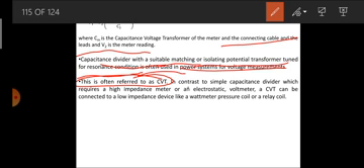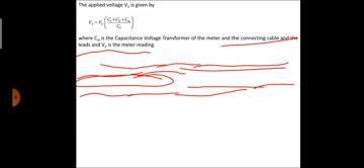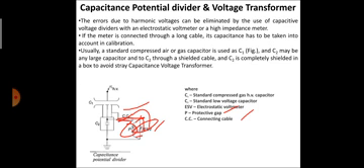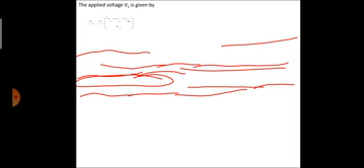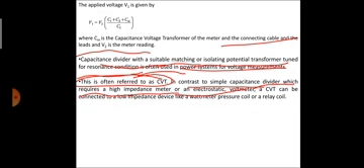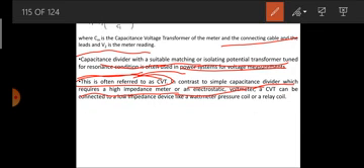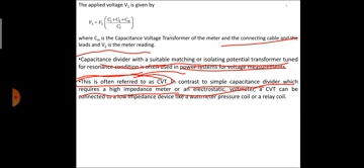Now in contrast to a simple capacitance divider, which requires a high impedance meter or an electrostatic voltmeter, the ESV which we have seen here, a CVT, capacitance voltage transformer, can be connected to a low impedance device like a wattmeter pressure coil or a relay coil.